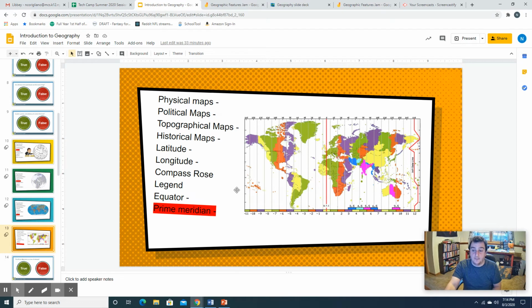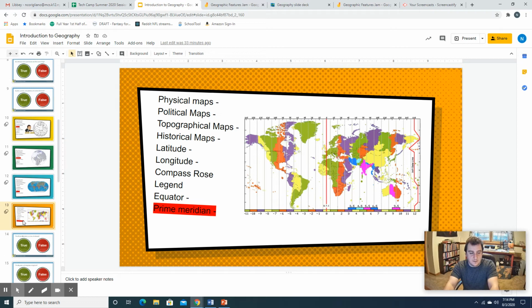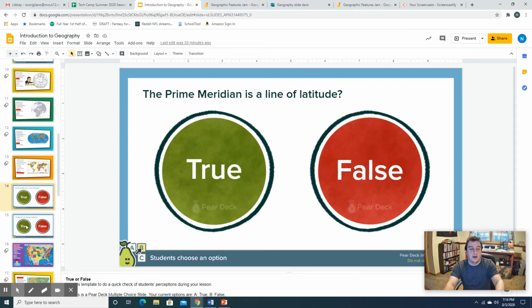So this sets that up, and then we do that activity another class, and that gives them a hands-on way of learning and figuring out latitude and longitude. That's something we did last year that I'm hoping we can do this year.